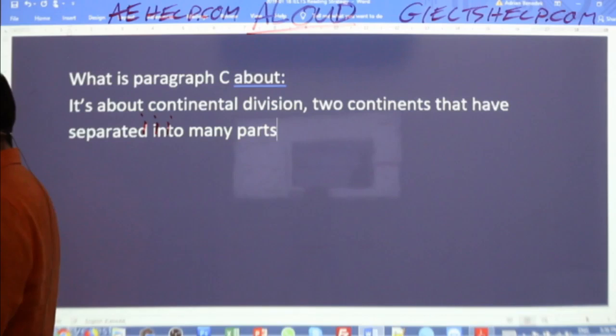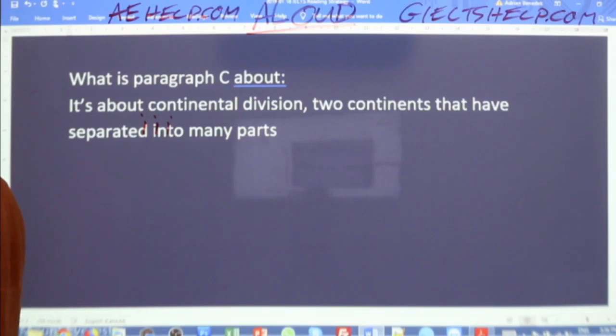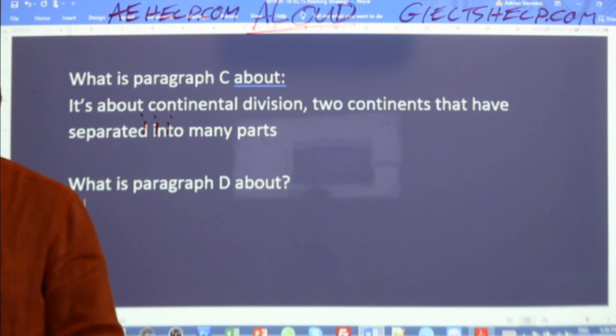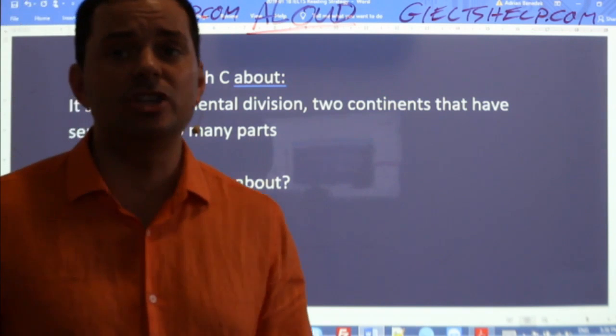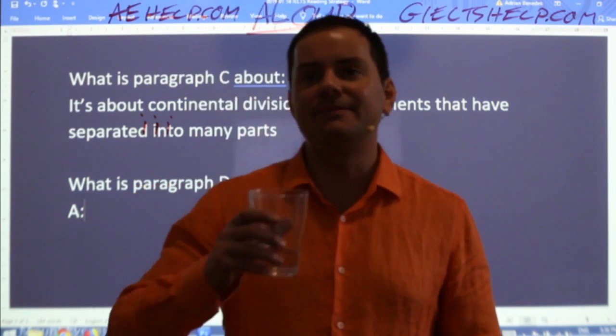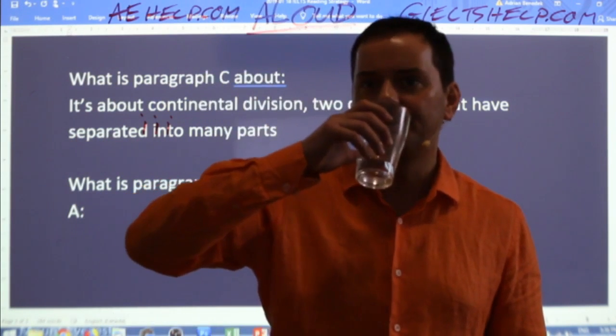What is paragraph D about? Full sentence answers, students. Full sentence answers. Mario Espitia says, location of fossils. That's pretty good. Pradeep says, it's about fossil evidence, historical evidence.